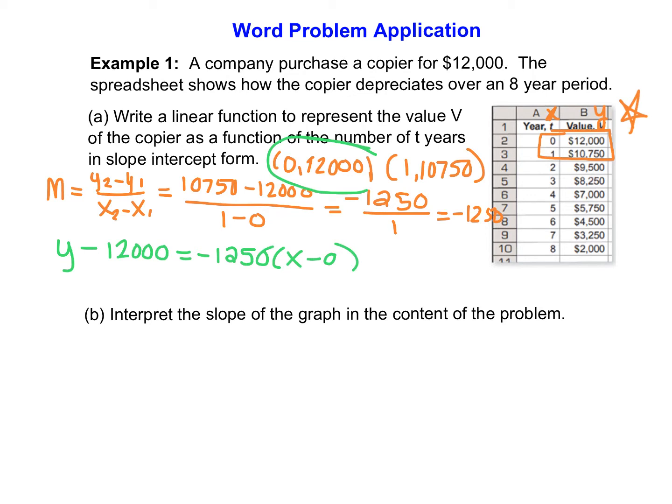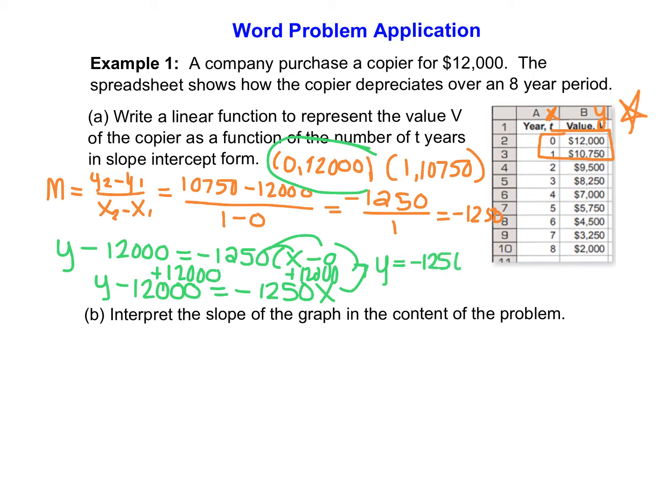Well, I can distribute this negative 1250, so this just becomes y minus 12,000 is equal to negative 1250x, and the rest is 0. We then add 12,000 to each side. So we end up with y is equal to negative 1250x plus 12,000.